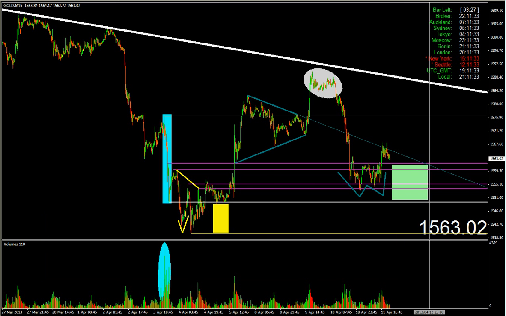From the technical point of view, if we go into detail of the development of this week, we see here this triangle, even around the 1566 area. We tried to break out here, but we failed.